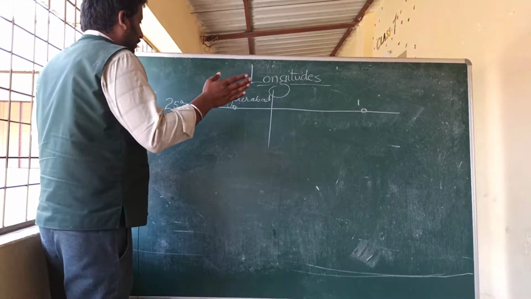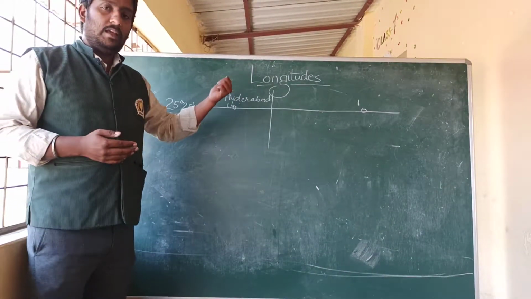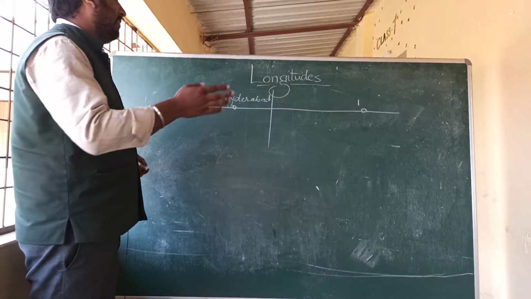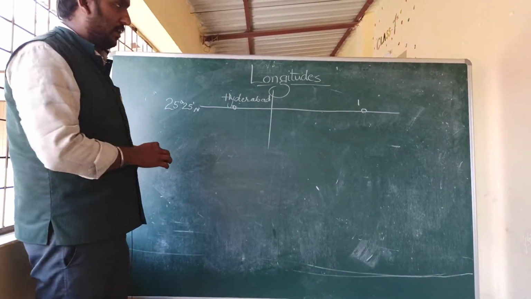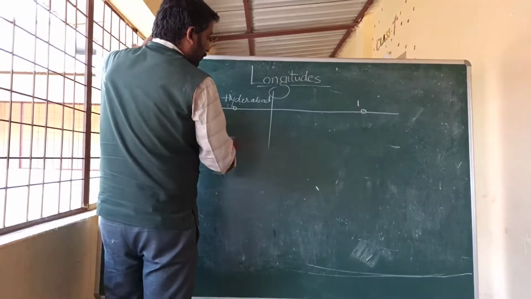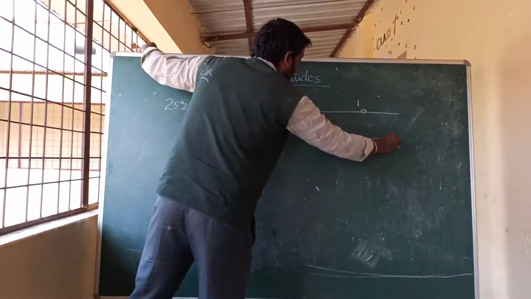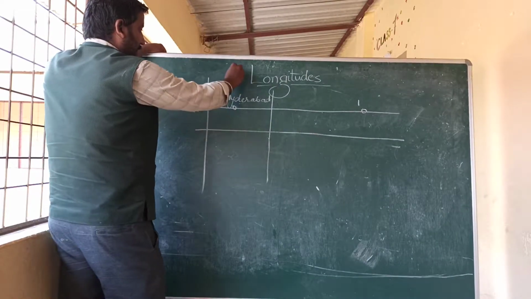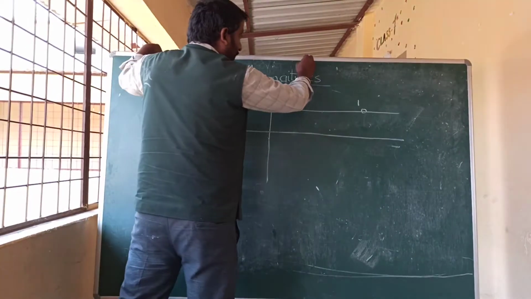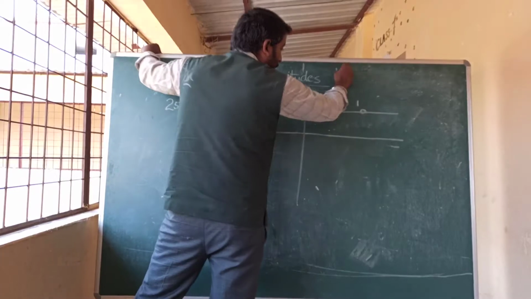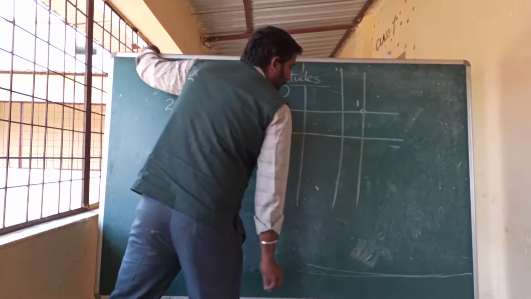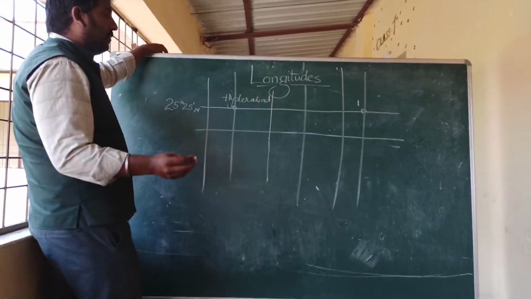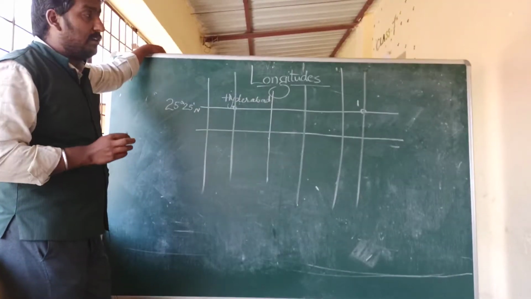So to trace out the exact location, we need another pattern, that is the longitudinal positions. I have told you earlier that latitudes run in this way parallel to the equator and longitude runs this way. Now it's easy for us to trace out the position of any area using the latitudinal lines and the longitudinal lines.